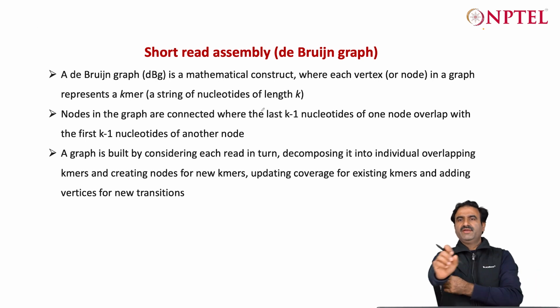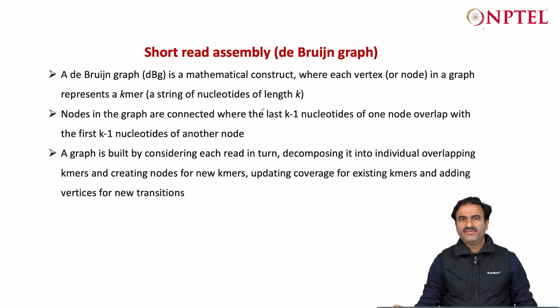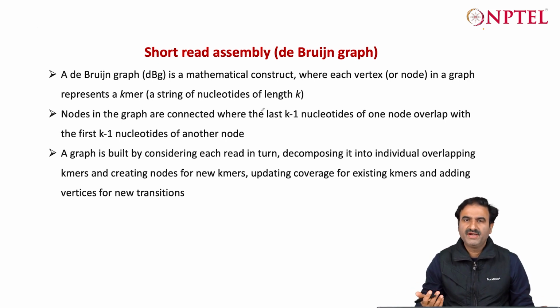So basically a K-mer is nothing but a subset of your read, of a particular length. For example, if your read length is 150 base pair, the K-mer length could be, as a rough rule, half of your read size plus some base pairs, like 81, 91, 101 or 111.